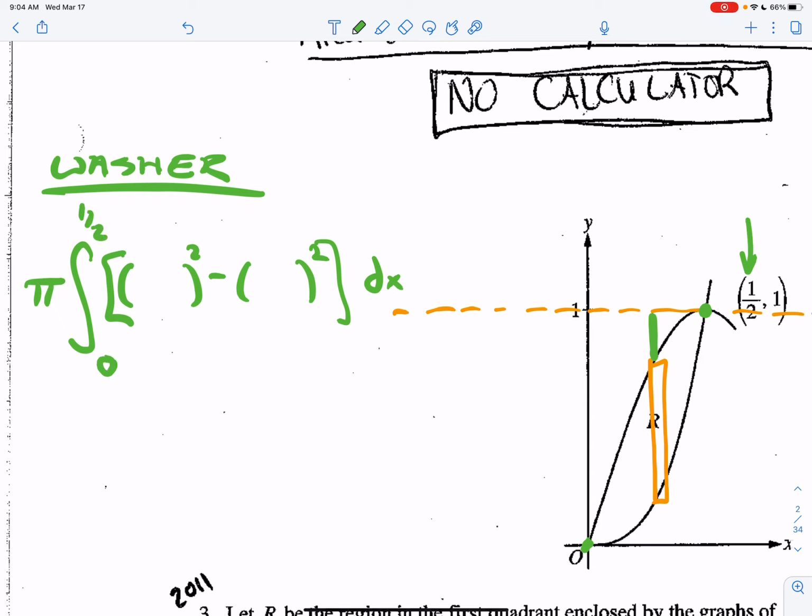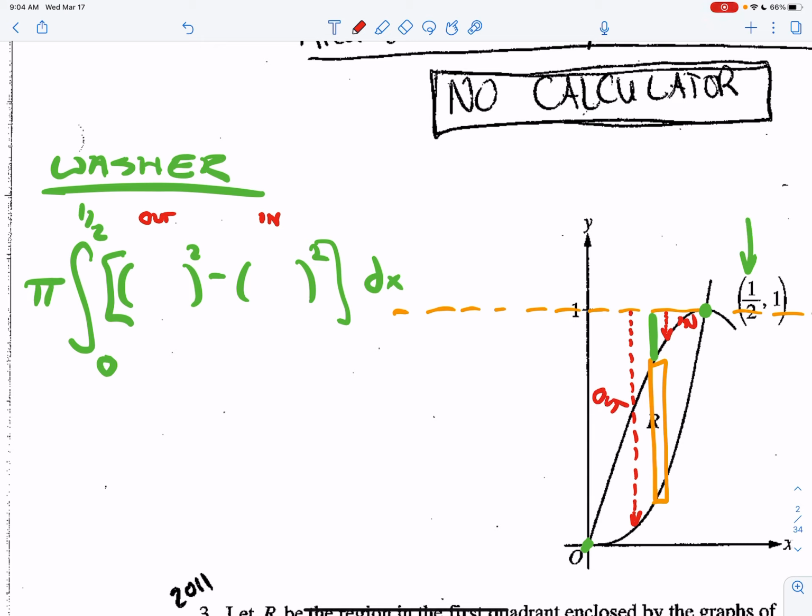Okay, so for instance, if you didn't know what to do next, you could probably get a point or two just from the limits or the bounds. Okay, so definitely always throw in what you know. So remember, the outside, you start from the axis of revolution to where you're about to exit the region. Okay, and then the inside is right where you're about to enter.